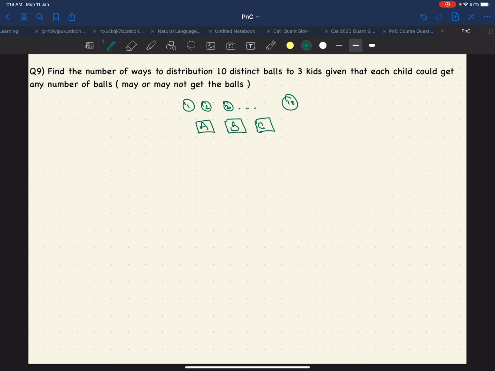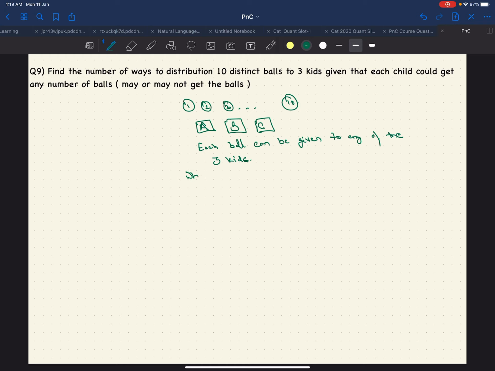So basically what we are given here is that each ball can be given to any of the 3 kids.